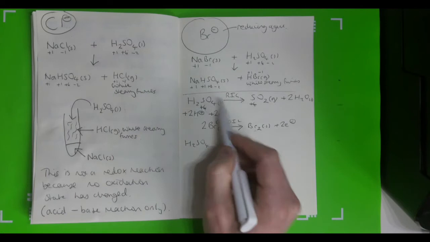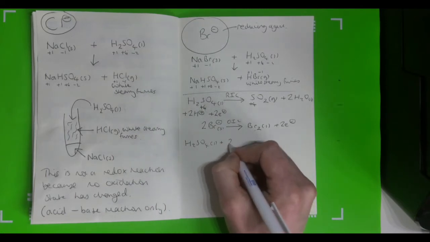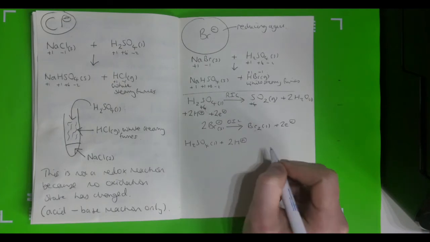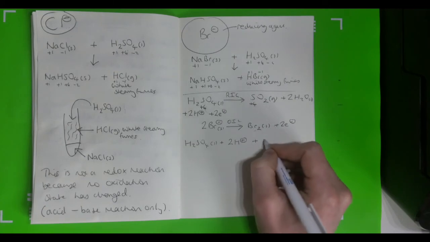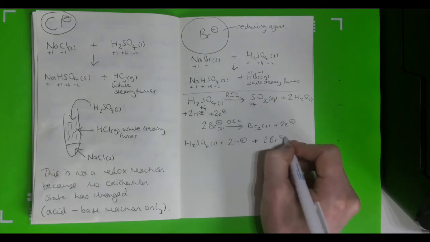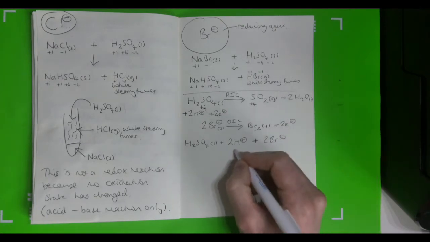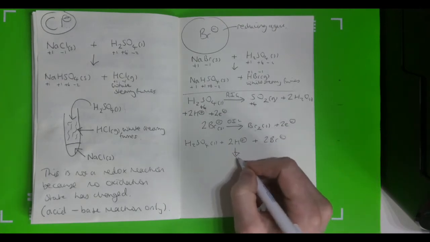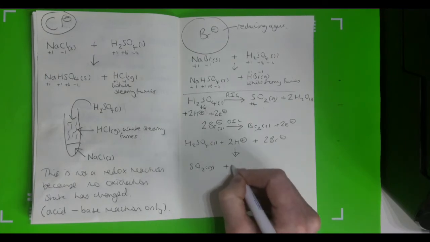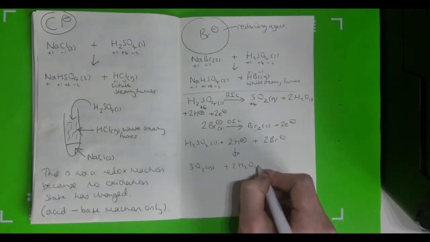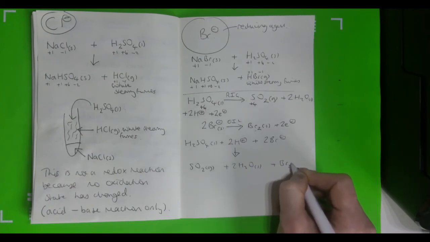So H2SO4 plus 2H+ plus 2Br minus makes SO2 gas plus 2H2O liquid and Br2 liquid.